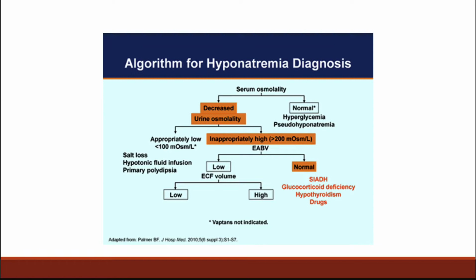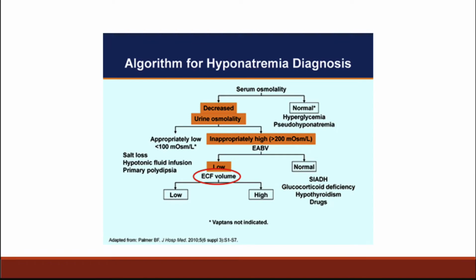And if the fluid volume intravascularly is normal, then that's typically SIADH or hypothyroidism. So we want to check a TSH and reflex T4. Could be certain drugs that are vasodilators, for instance, and glucocorticoid deficiency. So we want to look at the adrenals as well.